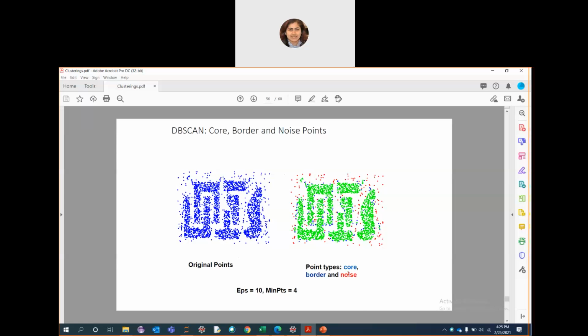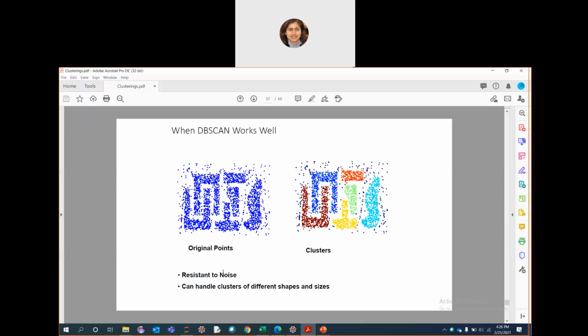So for example, if we set the min points parameter as 4, then we need at least 4 points to form a dense region. But if you are considering it with respect to a given point, then you actually need to consider 5 points in the dense region, 4 plus 1. So this is how there are different types of cluster formation.